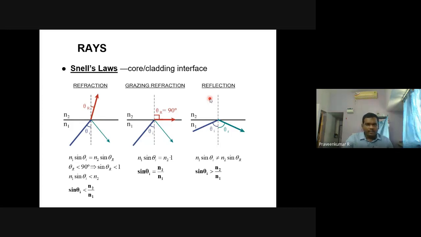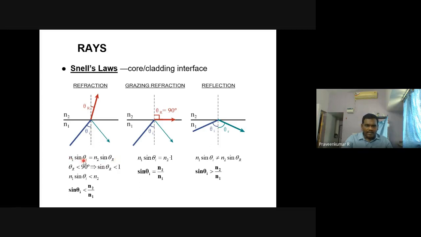You can see here, this is refraction, this is grazing refraction, and this is reflection. So we have three comparison cases: refraction, grazing refraction (TIR), and reflection. n1 sin theta 1 equals n2 sin theta 2. Theta 1 is the incident angle, here we are considering theta i, and theta 2 may be theta r.